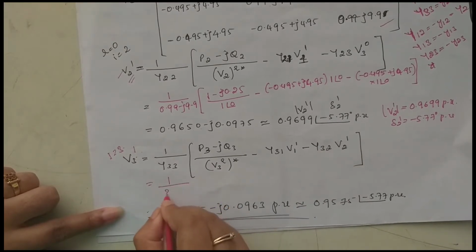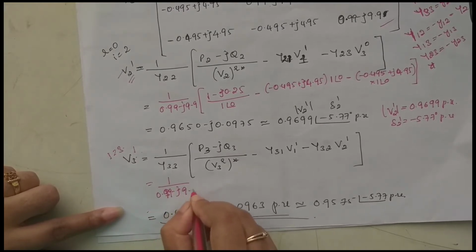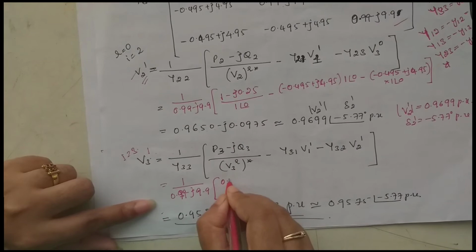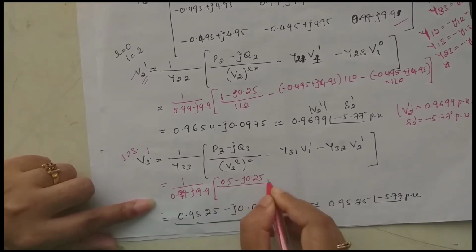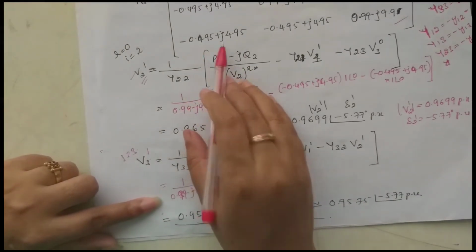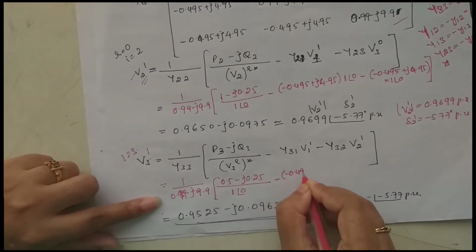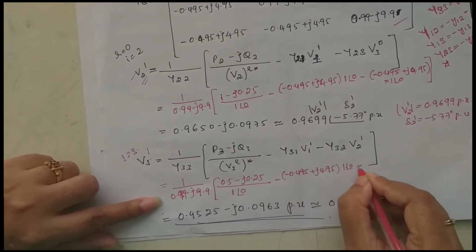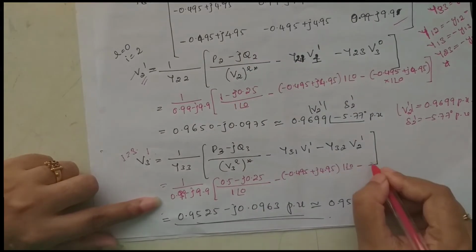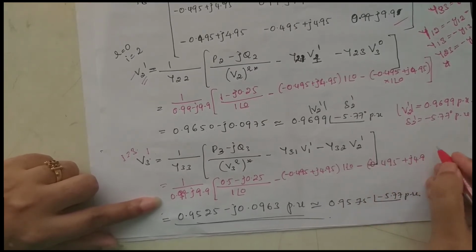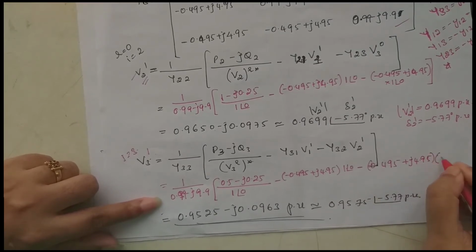Just substituting, 1 divided by Y33, which is 0.99 minus j9.9, times P3 minus jQ3, the value is 0.5 minus j0.25, divided by V3(0), which is 1 at an angle 0, minus Y31, which is minus 0.495 plus j4.95, times V1 which is 1 at an angle 0, minus Y32, which is minus 0.495 plus j4.95, into V2.